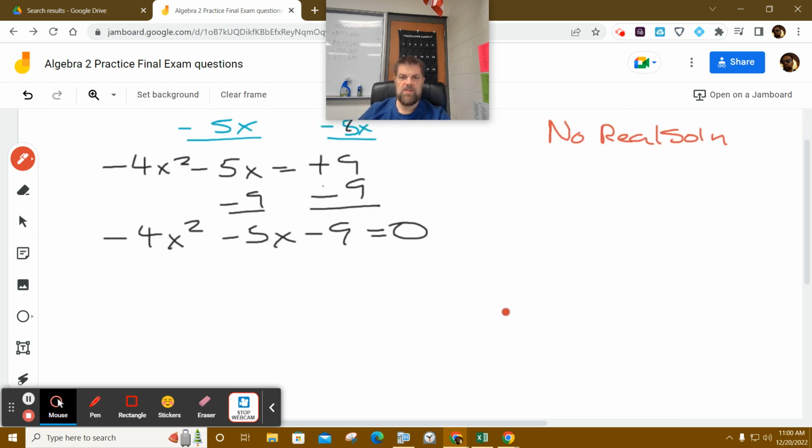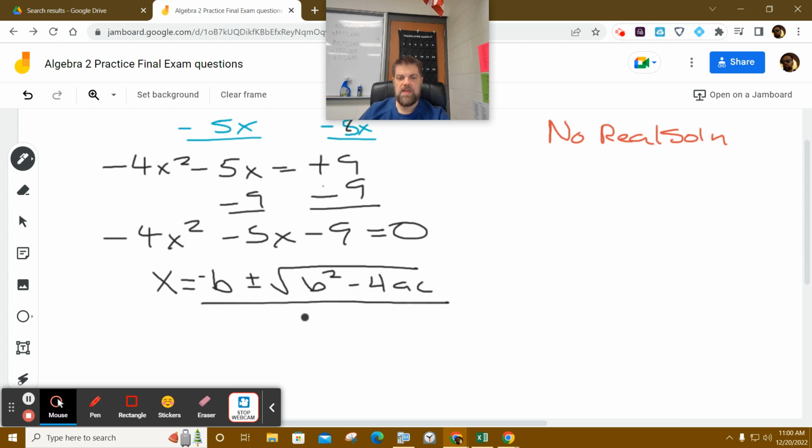Well, we're going to have to use the quadratic formula. Remember that the quadratic formula is x is equal to negative b plus or minus the square root of b squared minus 4ac, all over 2a. So if there are no real solutions, that means there are complex solutions, which means there are imaginary numbers.